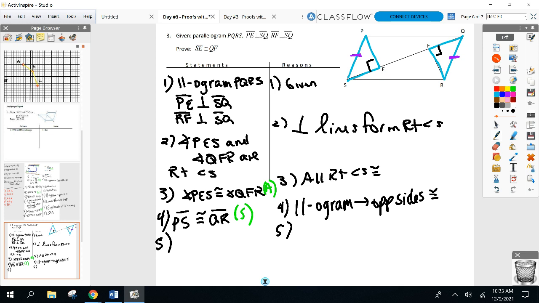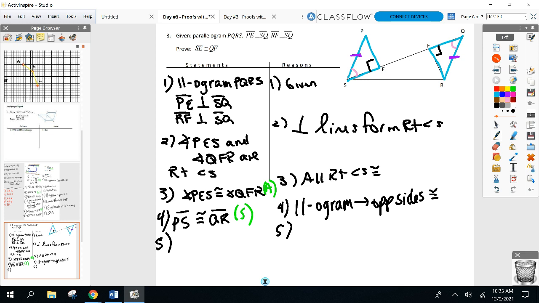Now, just don't start writing down, because I can't just say right now those two are congruent and I'm done. What do I need for those two to be congruent? Those two aren't congruent yet. Luke?